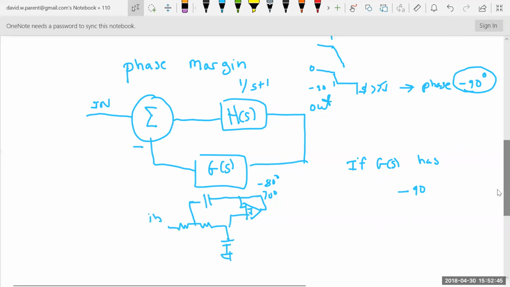Let's say I design this whole filter, right? Then if my R's and C's vary, I could get more phase than I expect at a certain frequency.